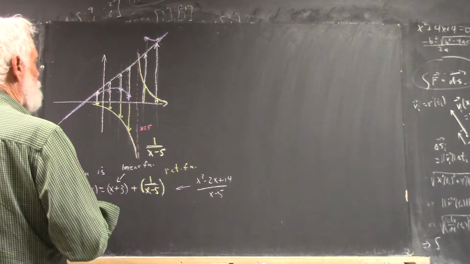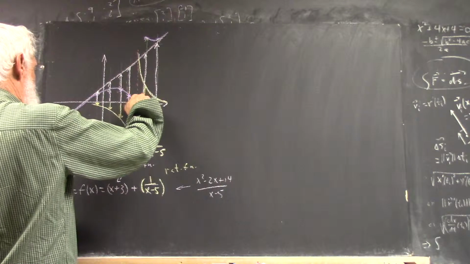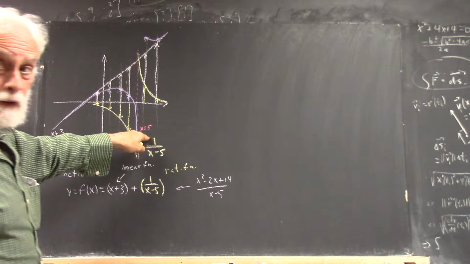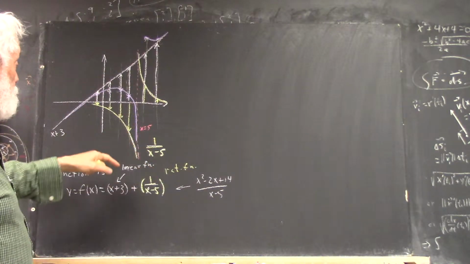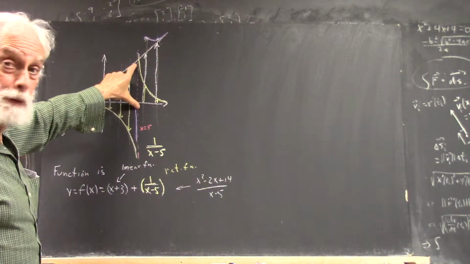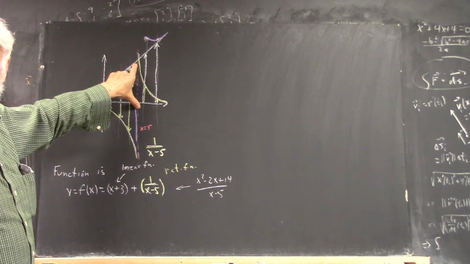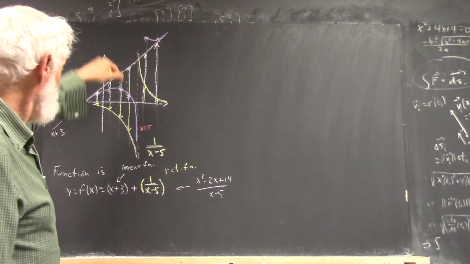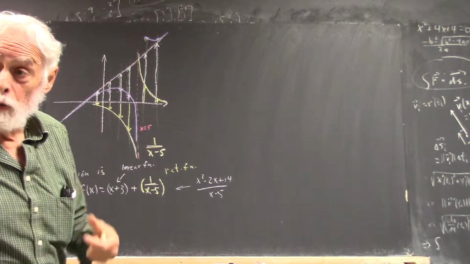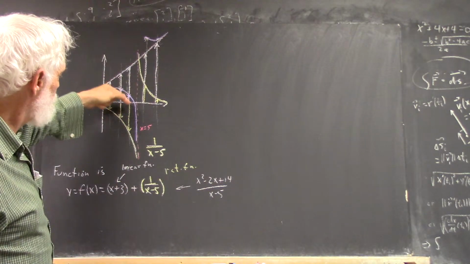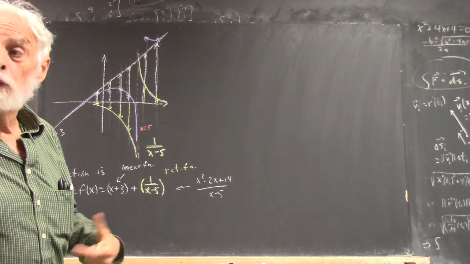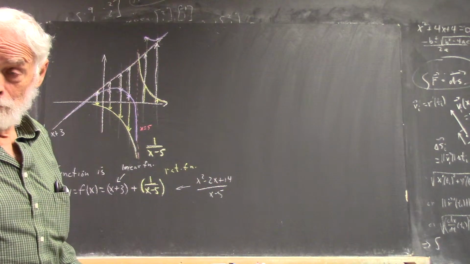But what we know is going to happen is that this has to become asymptotic to the x equals 5 line, because pretty soon these values are so much bigger than the values of your linear function, which is just this big, right, that they're going to exceed it. So the yellow vectors go down here further and further. There's no limit to how far they go. So there's no limit to how close this graph will get to the x equals 5 line, although it'll never actually reach it. Okay?